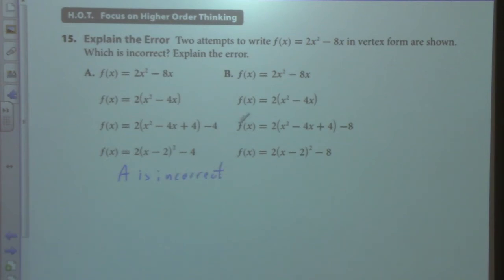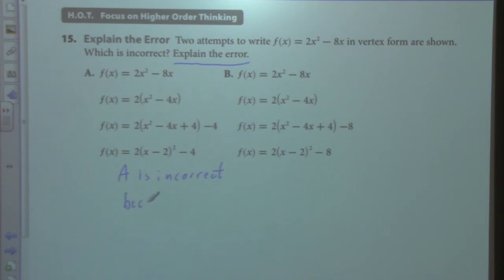And it says, explain the error. And I think you explained, right? Because what did they forget to do? They forgot to multiply by 2, right? So in A, they forgot to multiply by 2. Was that the way you said it? Okay.